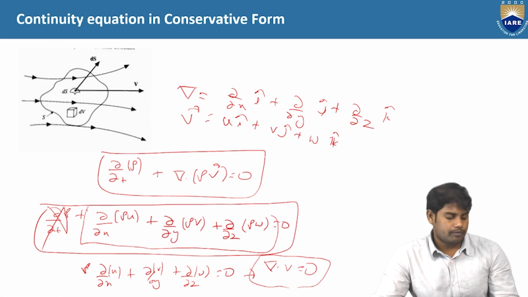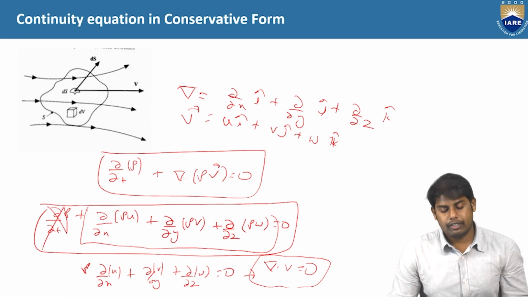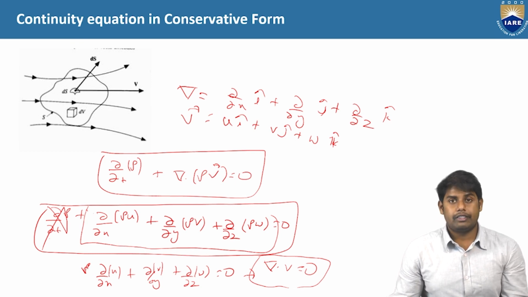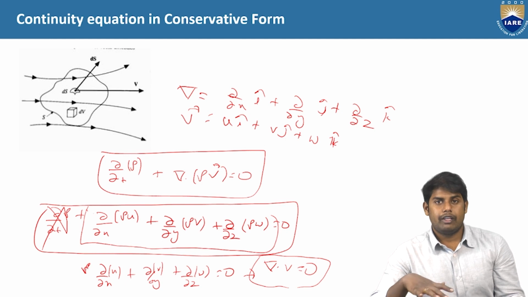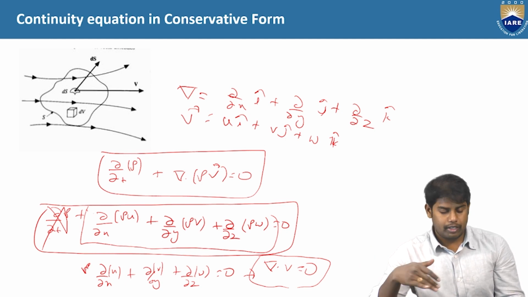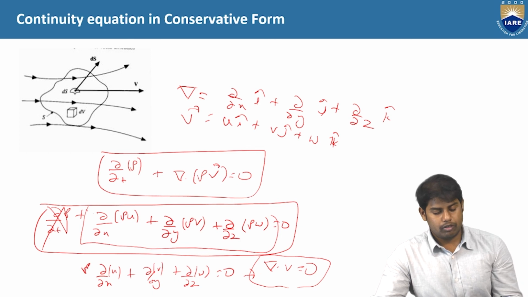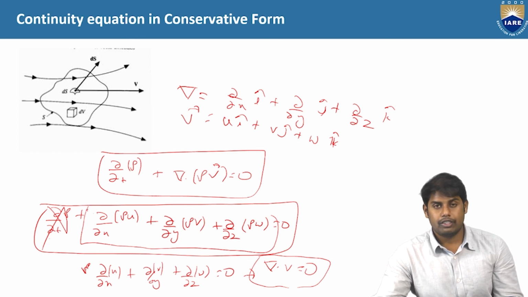Here, the continuity equation that we derived is in a conservative form. Initially we changed the surface integral to a volume integral, then we took the volume integral common and obtained the differential form of the governing equation, which is the continuity equation. The continuity equation gives you information about how the flow is moving with respect to density, whether it is compressible or incompressible flow.